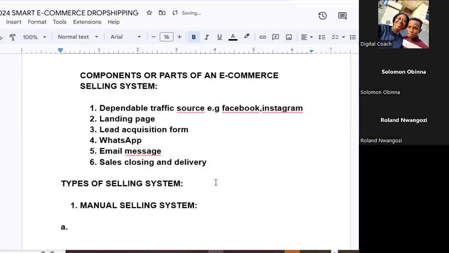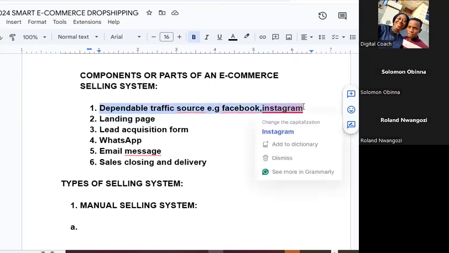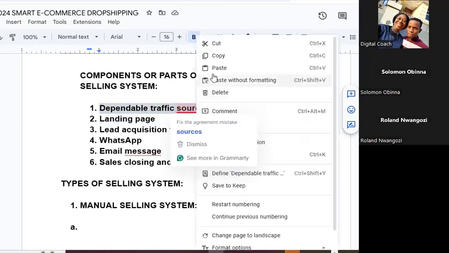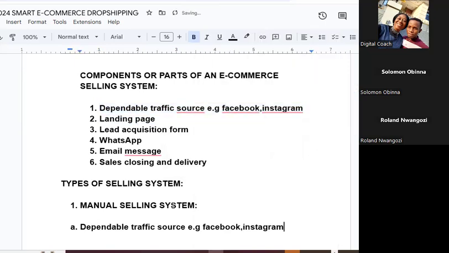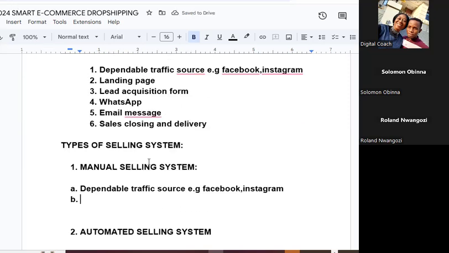For the manual system, what you have is a dependable traffic source, and then no landing page. There will be no landing page. It will take them straight to your WhatsApp.